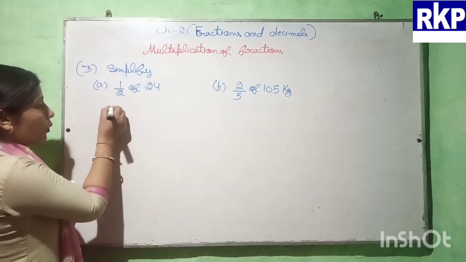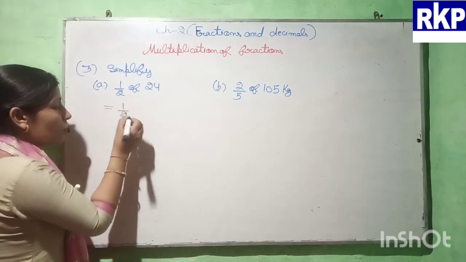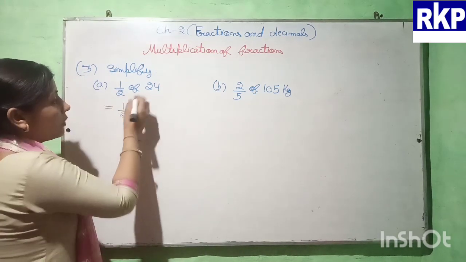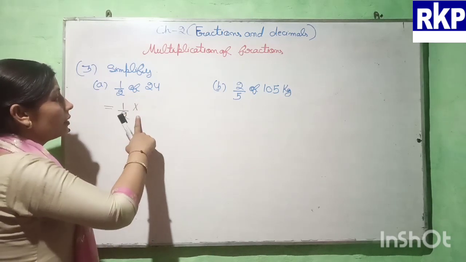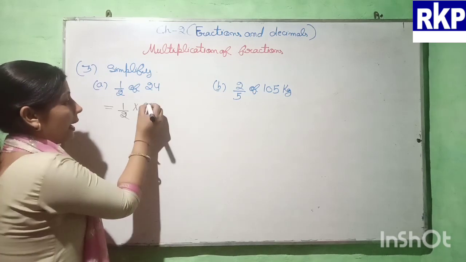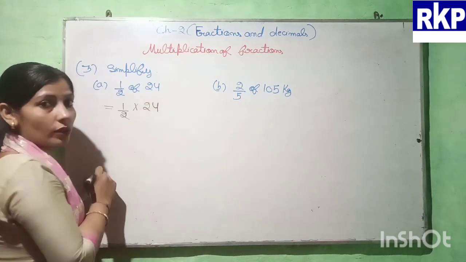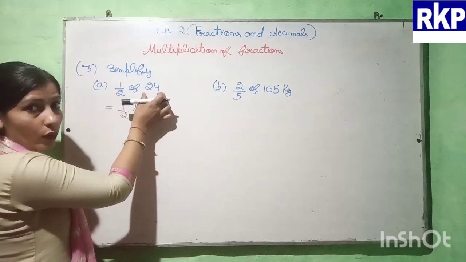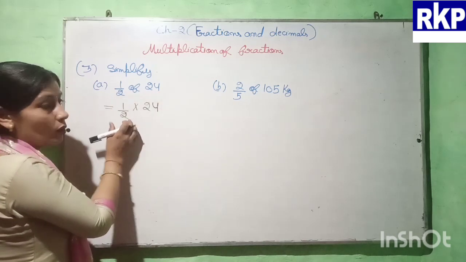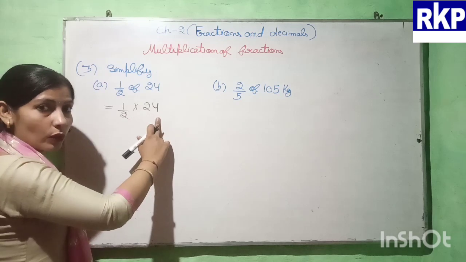So how can we solve it? We will write 1 by 2 as it is. Then we will put here the sign of multiplication in place of 'of' and here we will write 24. So to find out half of 24 we will write 1 by 2 multiplied by 24.